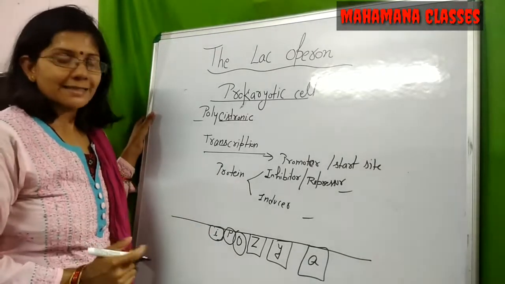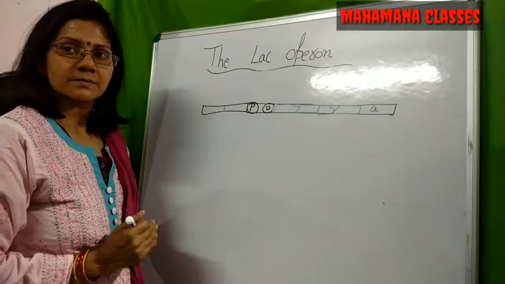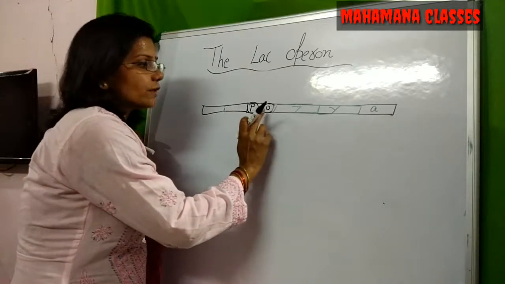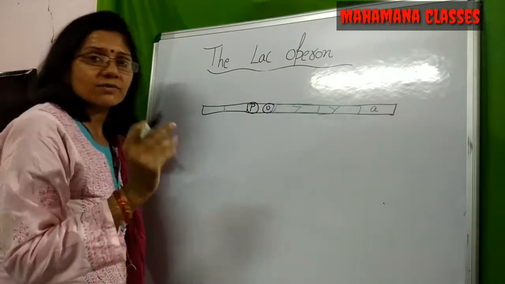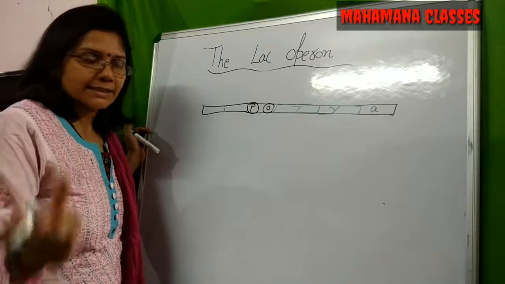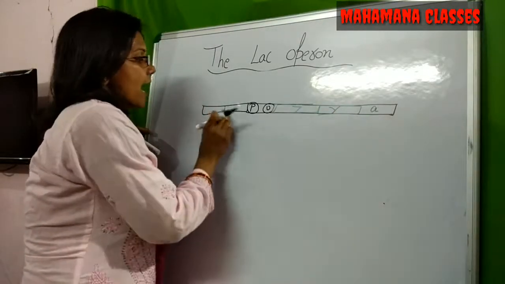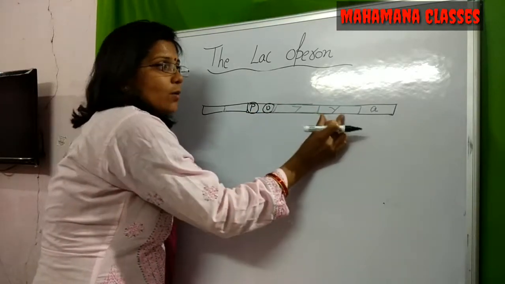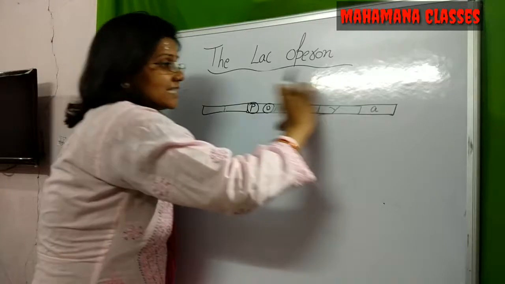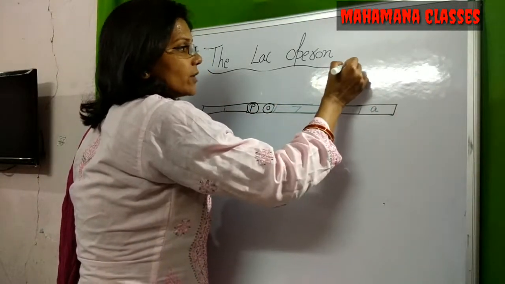How does it work? Let us see. For example, the arrangement of this operator, promoter, and these proteins which regulate the gene expression: I, promoter, operator, and genes Z, Y, and A. This particular sequence forms your operon.